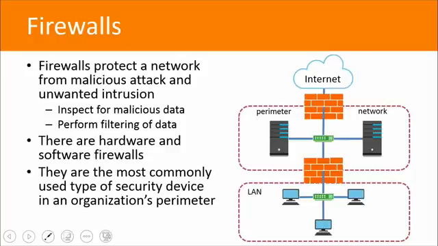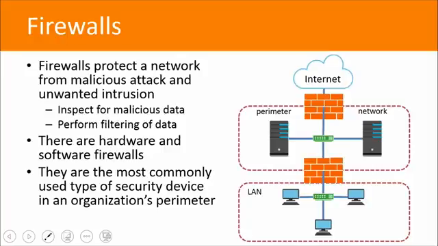They inspect communications for malicious data, and they also perform filtering of data in order to make sure that if they do find something that's malicious, it doesn't get into your perimeter network and even into your local area network, whether it's an extranet, an intranet, or just a plain old simple LAN.